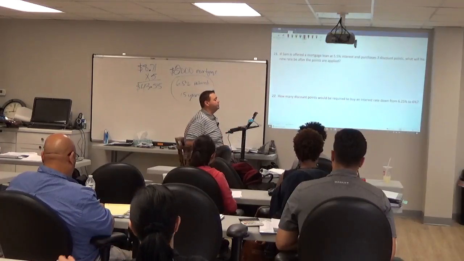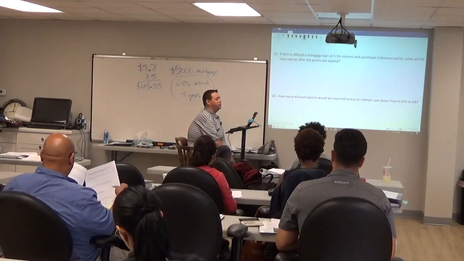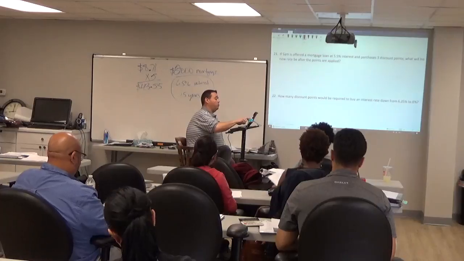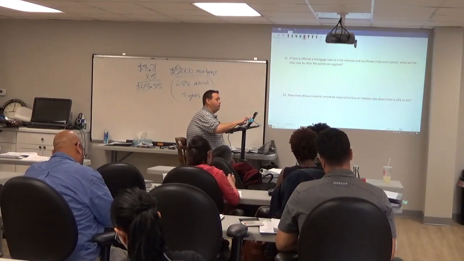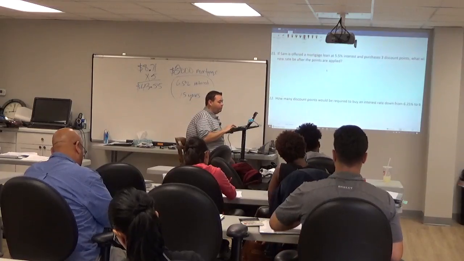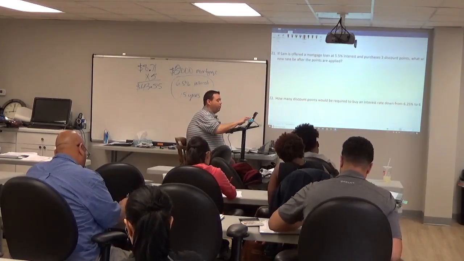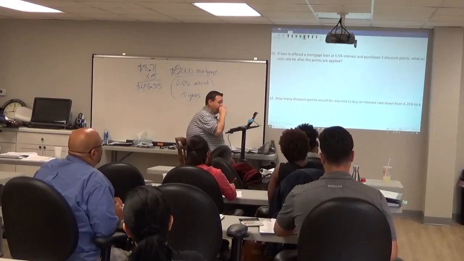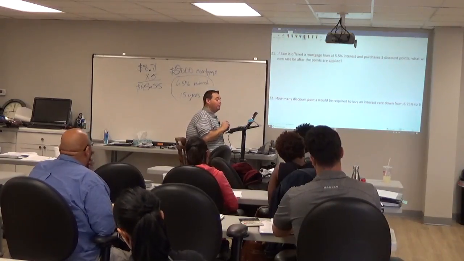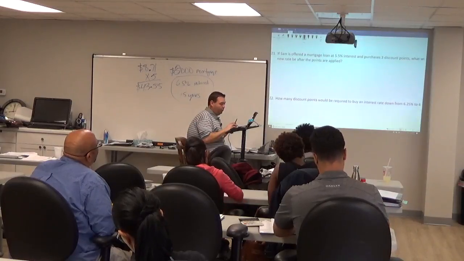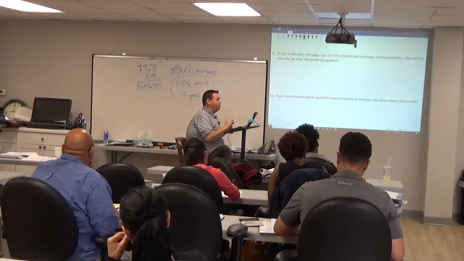21 says if Sam's offered a mortgage loan at 5.5% interest and purchases 3 discount points, what will his new rate be after the points are applied? Well, when we talk about discount points, how much does a discount point cost? 1% of the what? Of the loan amount. That's exactly right. 1% of the loan amount.